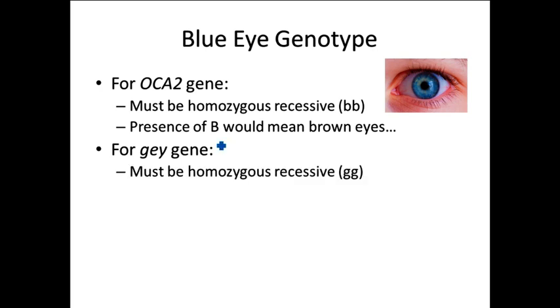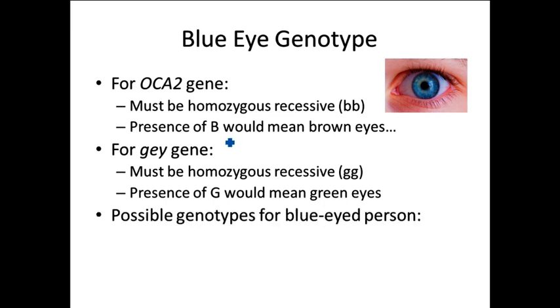Same thing for the G gene: the person must be homozygous recessive, there must be little g, because if they had a big G, they'd have green eyes. So there's only one possible genotype for a person with blue eyes, and that's little b little b, little g little g, or homozygous recessive for both genes.